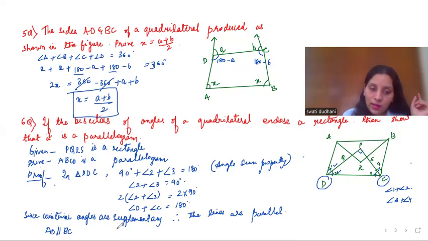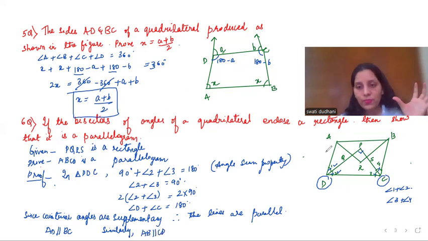So similarly, we can also prove AB is parallel to CD. Same procedure. We can prove AB is parallel because here also this angle is equal to this angle, and then you can consider triangle ARB. This is 90. The same way you will prove the other pair is also parallel.